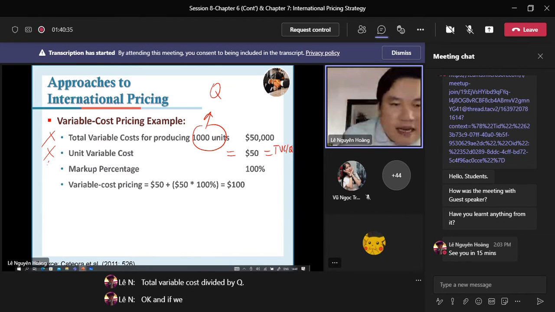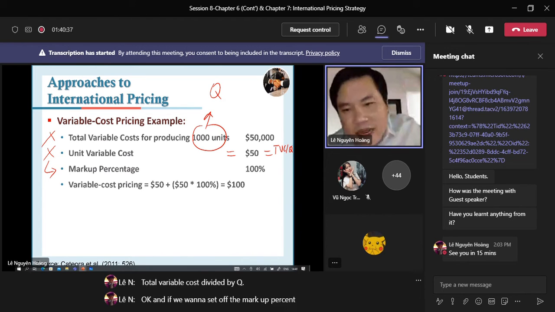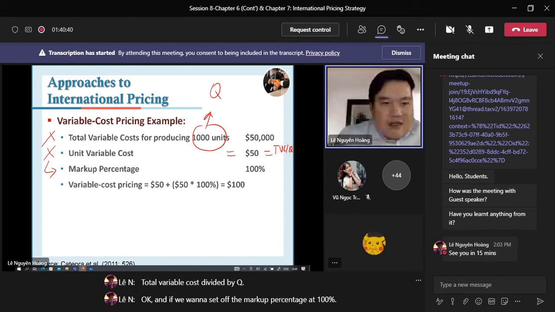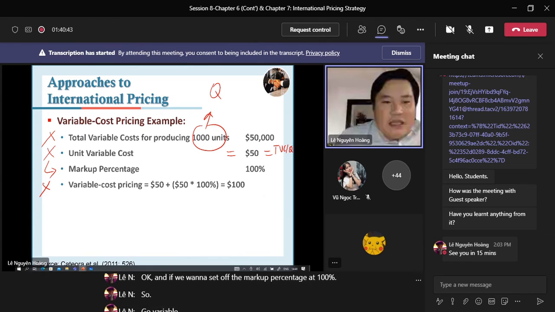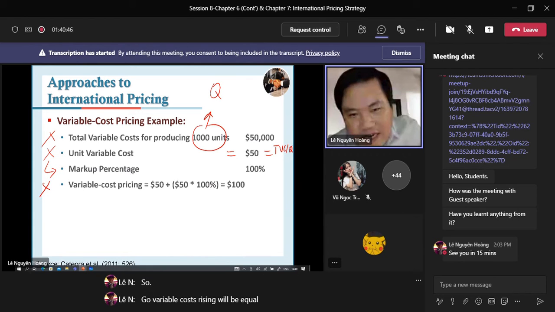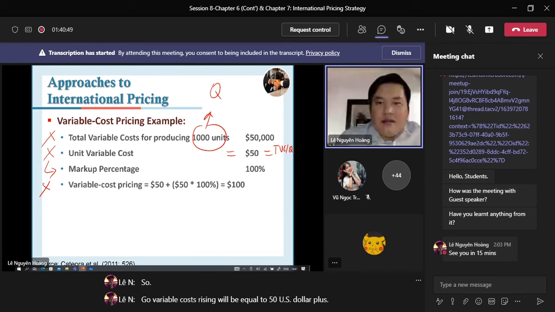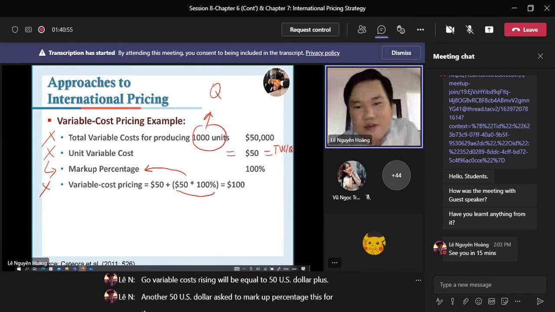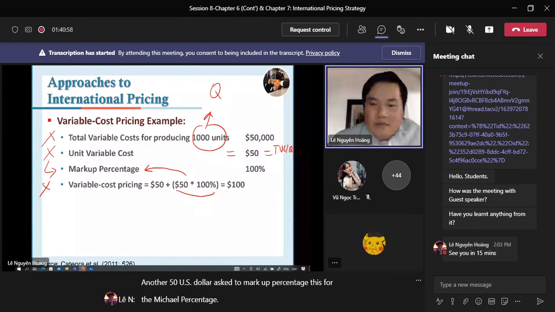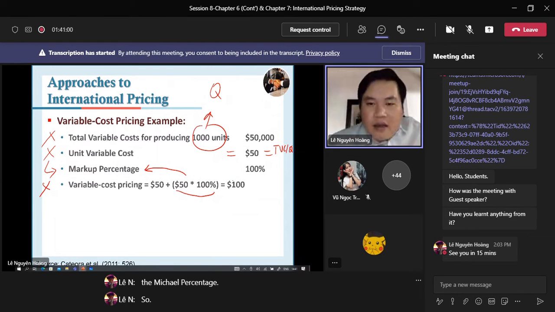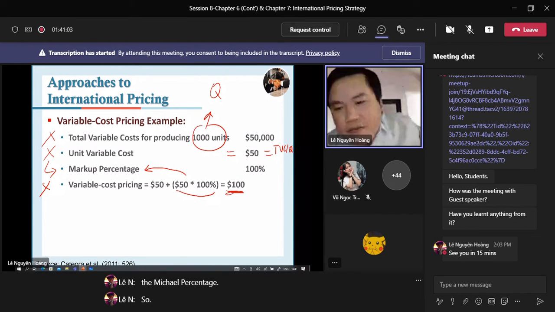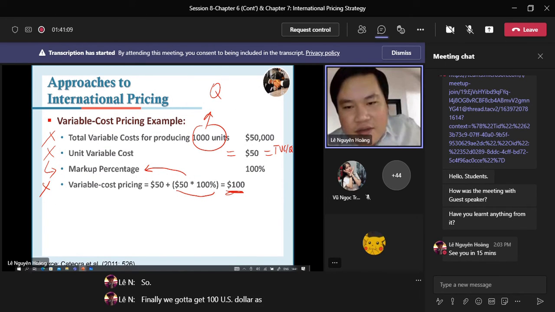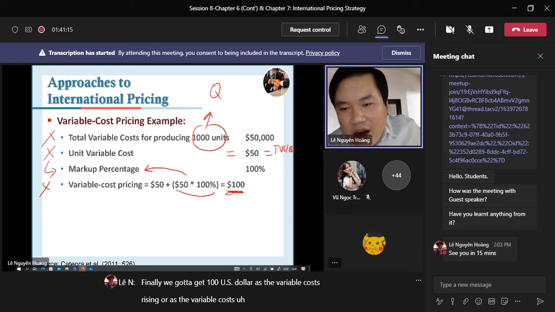If we want to set the markup percentage at 100%, the variable cost pricing will be equal to 50 US dollars plus another 50 US dollars as the markup. Finally, we get 100 US dollars as the variable cost price for our products.